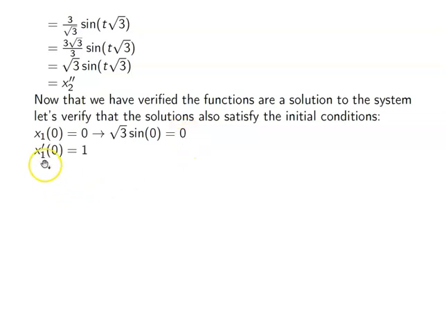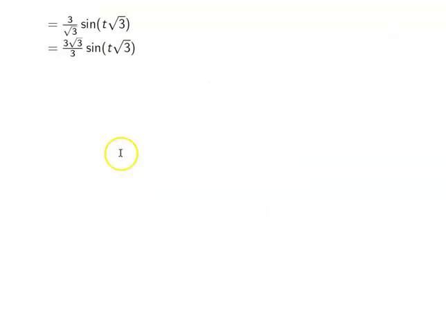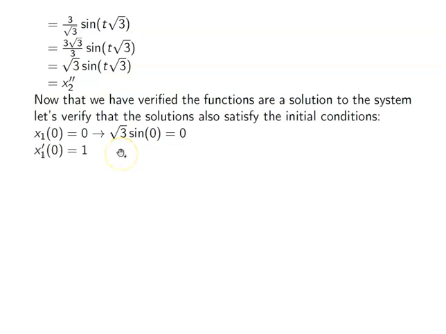So that works. It says when I plug 0 into the first derivative of my function, I get out 1. If you remember, hopefully you have this paper in front of you already, the first derivatives were cosine and negative cosine of t root 3, just so that we're clear. When I plug in 0 here, I get cosine of 0, which is in fact 1.